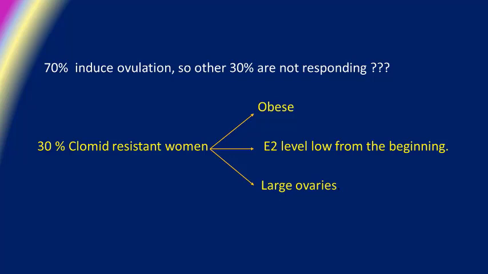Due to three causes: either because of obesity, so the dose is very little for her, or there is a low estrogen level from the beginning. When there is a low estrogen level, the Clomid action will be negative. Or there are large ovaries, like in polycystic ovary syndrome; very large ovaries will be resistant to Clomid treatment.